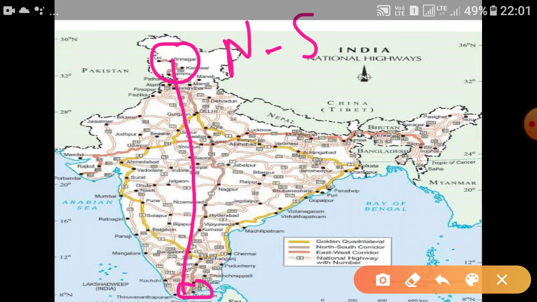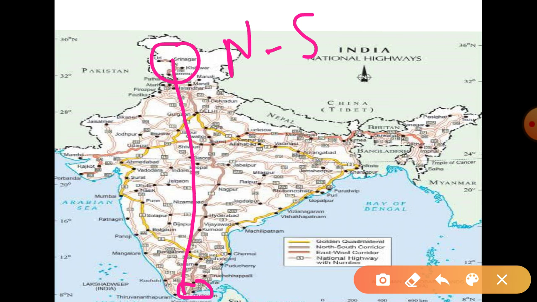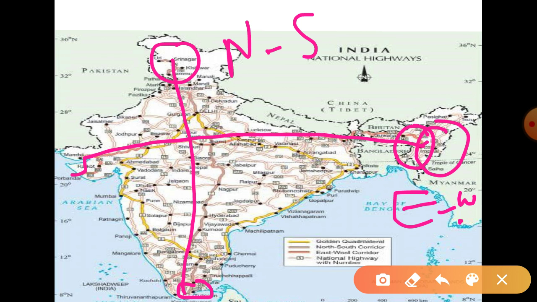And the second one, east to west. It starts in the east at Silchar in Assam and in the west at Porbandar in Gujarat. So this is the east to west corridor: eastern terminal point Silchar, Assam and western terminal point Porbandar, Gujarat.